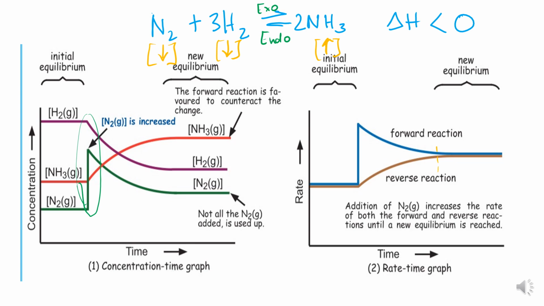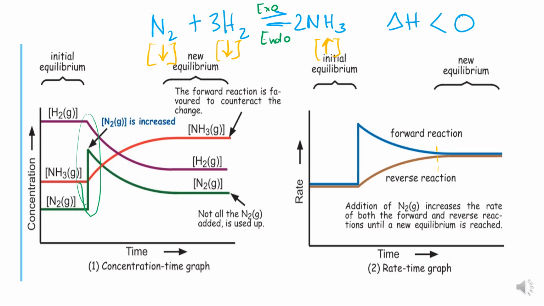So in this graph, what we can deduce is that the reaction that increases after the disturbance has happened is the reaction which has been favored. So since the forward reaction is favored, you will see that the forward reaction rate is going to increase, right?